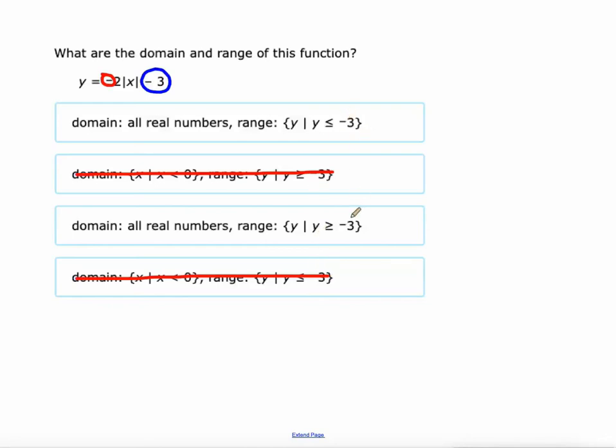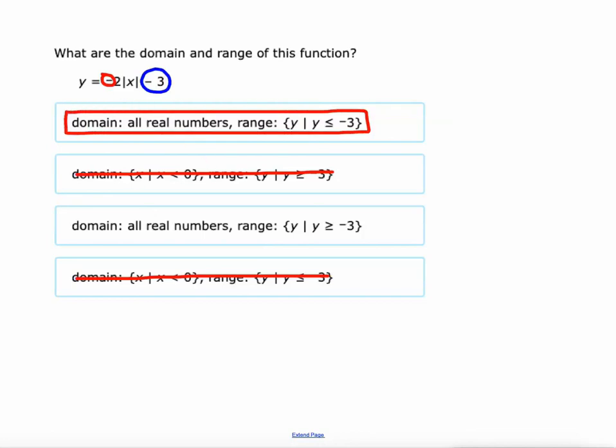But is it greater than or equal to negative 3, or is it less than or equal to negative 3? Let's throw another value in for x, like 1 or negative 1. Either one, when we take the absolute value of it, we get 1. 1 times negative 2 would be negative 2, and negative 2 minus 3 is negative 5, which is a value less than negative 3. So it's actually going to go down from negative 3 after that.